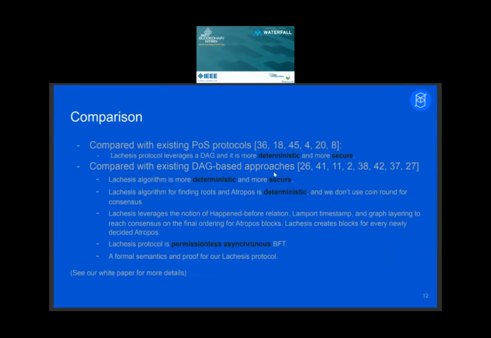For comparison, our Lachesis consensus algorithm is more deterministic and more secure than existing proof of stake protocols. Compared with the existing DAG-based approaches, Lachesis is also more deterministic and more secure. For readers, you can see our white paper for more details.